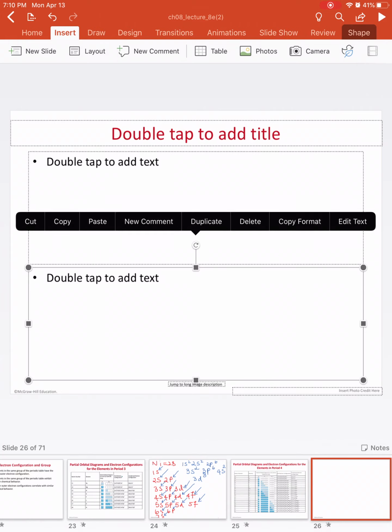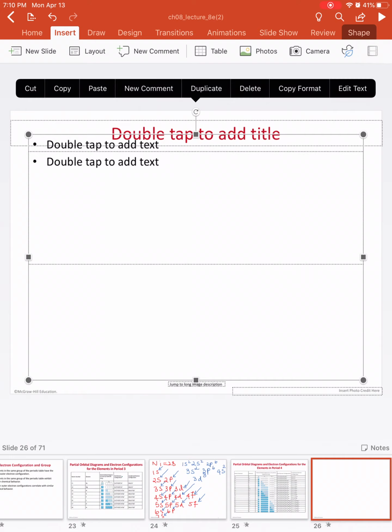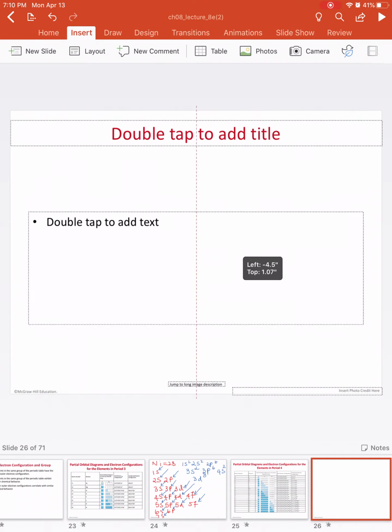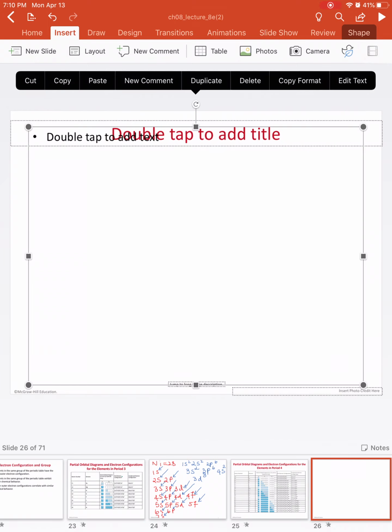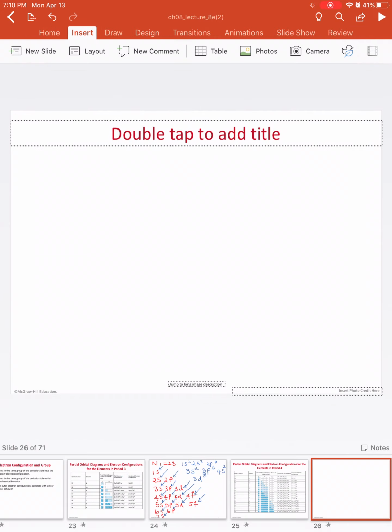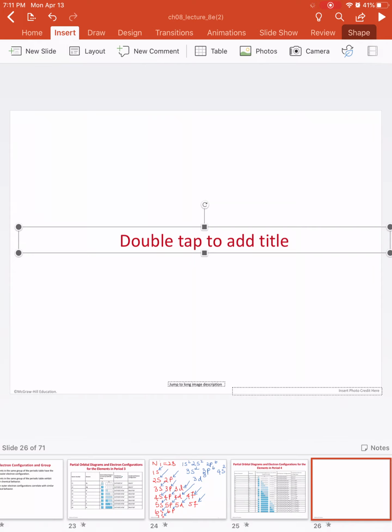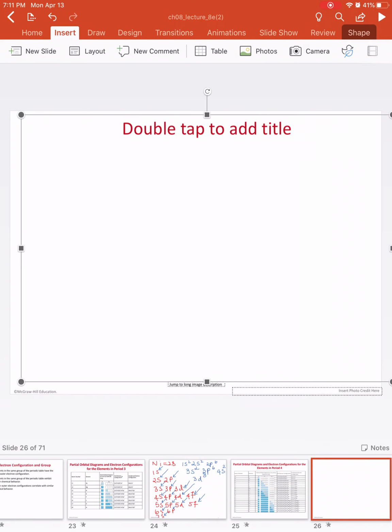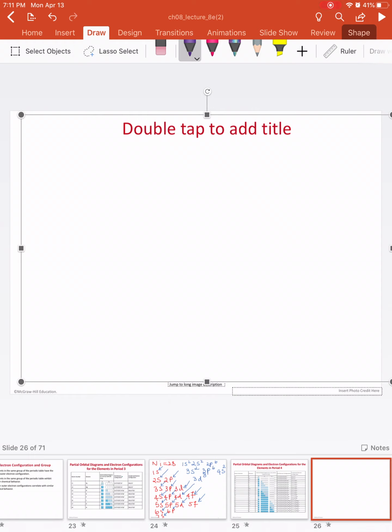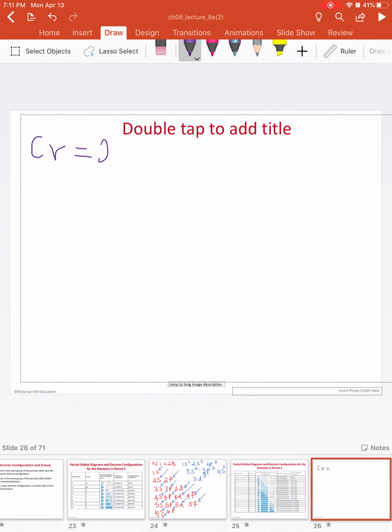Let's see what's happening with the chromium. Chromium is 24.